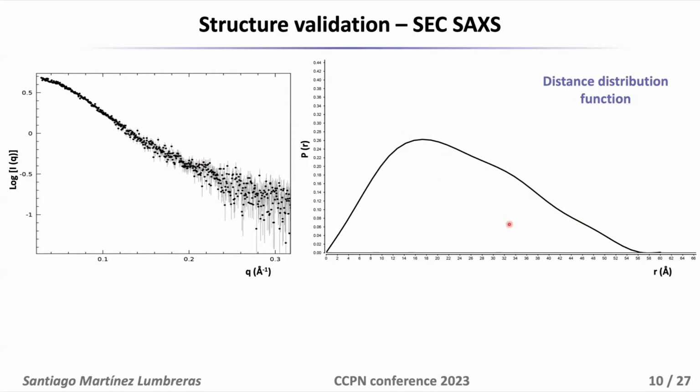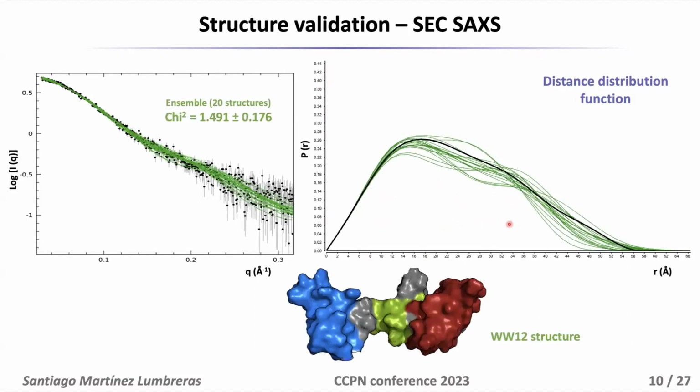This is a typical situation when we have a more elongated shape like the one that we have. When we do the fitting of the ensemble, we can see that the fitting is quite nice. And of course, we are not sampling all the conformations that can be in solution, but it gives us an idea that this is what we probably have in solution.